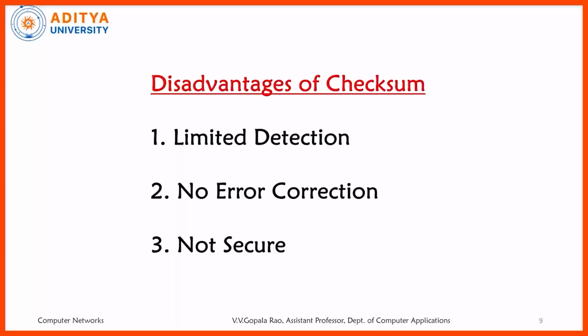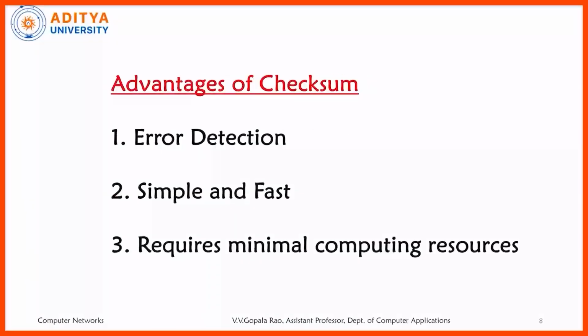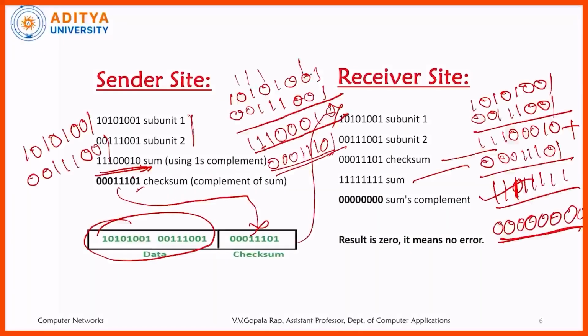You can accept the data, but actually the data is corrupted, because an even number of bits were altered. Suppose a 1 is altered to 0 and a 0 is altered to 1, then you cannot identify the error, because the checksum will give you all zeros, giving a wrong impression that the received data is correct, but actually there is an error in the data.